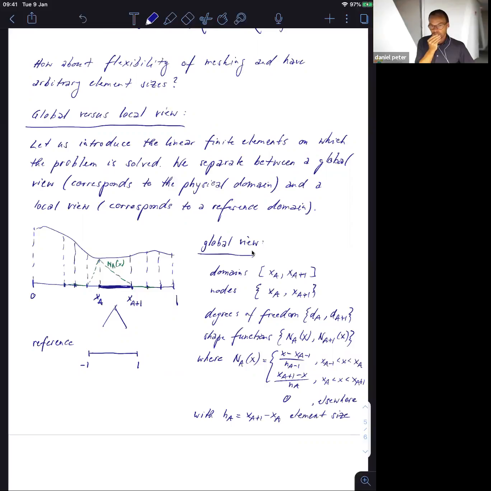Good. So in the global view, all these shape functions NA are slightly different because the element sizes can vary. So they all have a slightly different range of where they are actually valid.